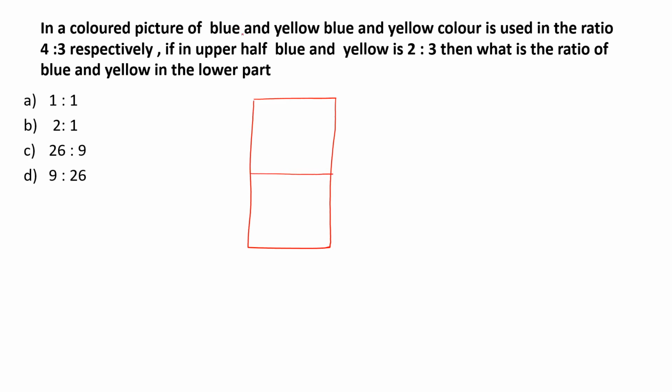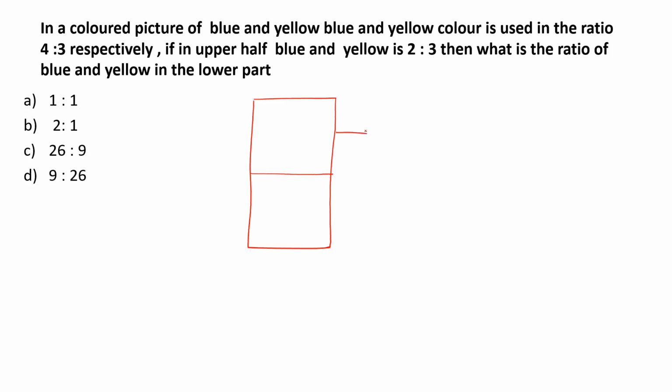Okay. There is a picture. The total value of that picture is 4:3 and the upper part is 2:3. The sum of 4:3 is 7 and the sum of 2:3 is 5. Take a common multiple of both 7 and 5 as the value of one part of that picture, that is nothing but 35.